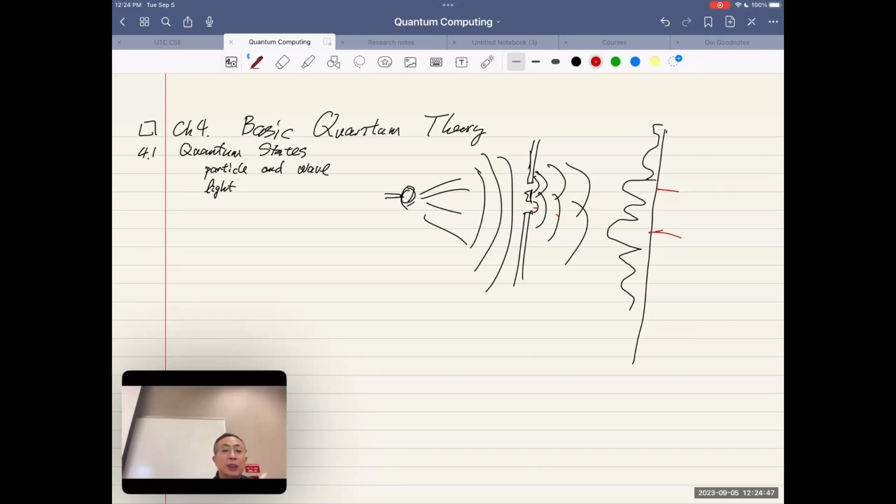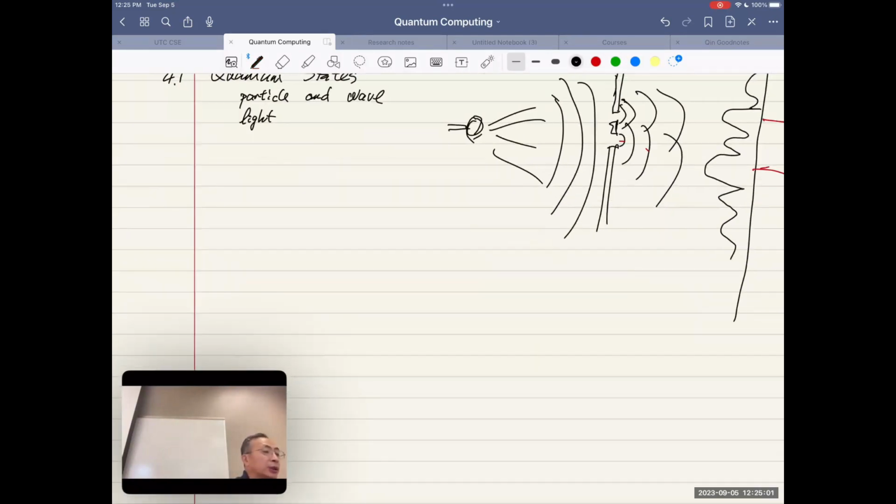So light is a wave, but light is also a particle because of the photoelectric effect, in which a photon can be converted into energy.